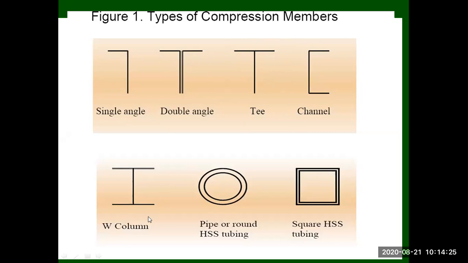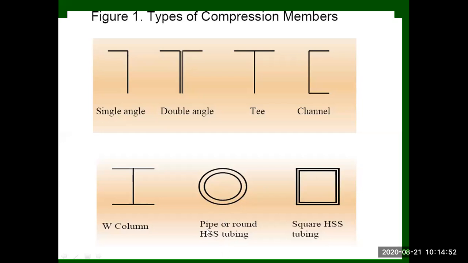Then a W column, which means an I section. We call them ISMB, ISHB; these are the I sections. So a W column, called an I section, we can also use as a compression member. Then a pipe or round hollow steel section, which means a tube, we can also use.